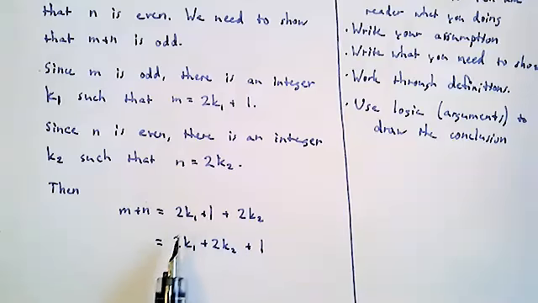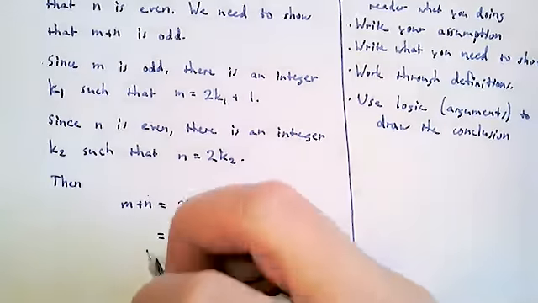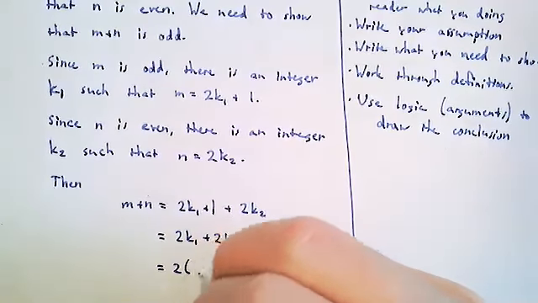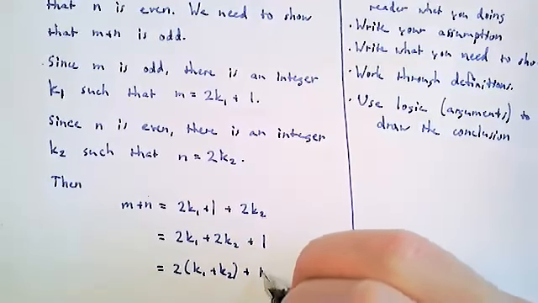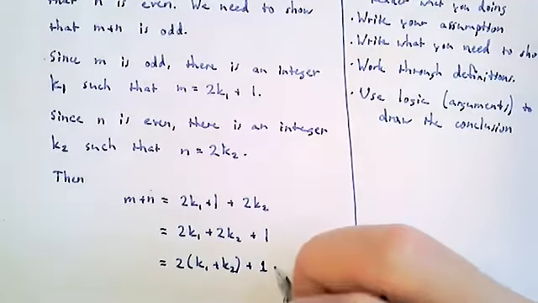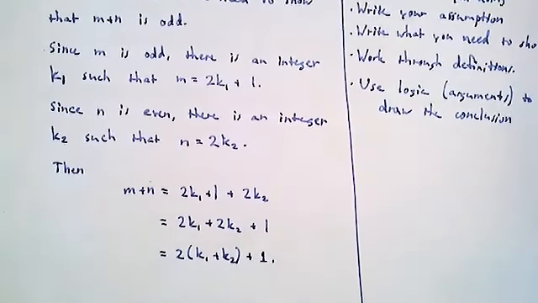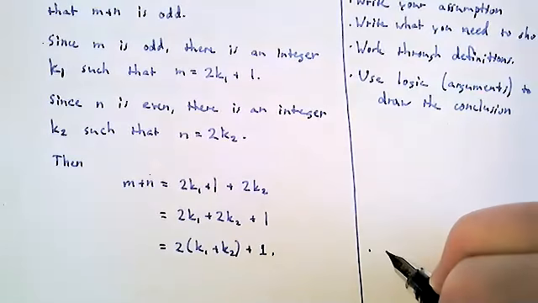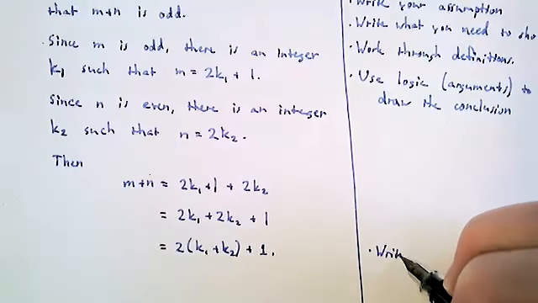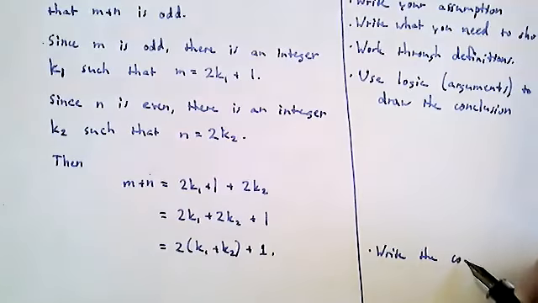I have multiples of 2 plus 1, but I want to collect this into a single integer times 2. So I'll factor out 2. Like this. And now we're pretty much done. We just have to write our conclusion. Which is perfect since we're right at the end of class.